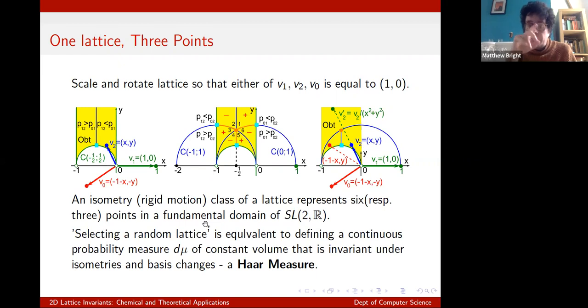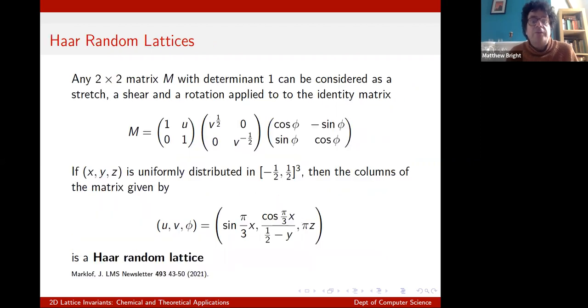Then selecting a random lattice in there, you've got the space and you've got to define some probability measure that is invariant under isometry and basis change. I won't go into this because this is Professor Marklof's work, but this is how we've generated it: by this Iwasawa, I believe, decomposition of a matrix with determinant 1.